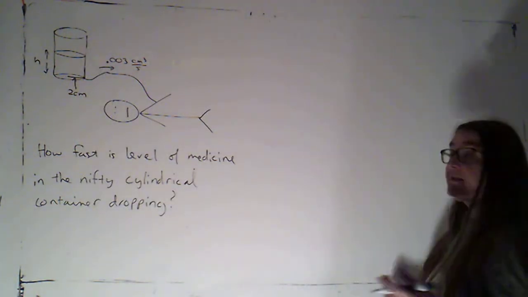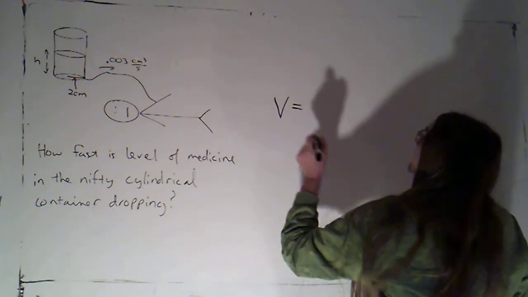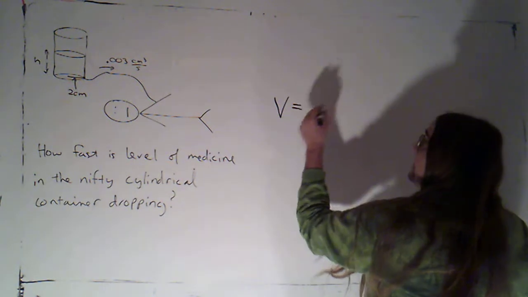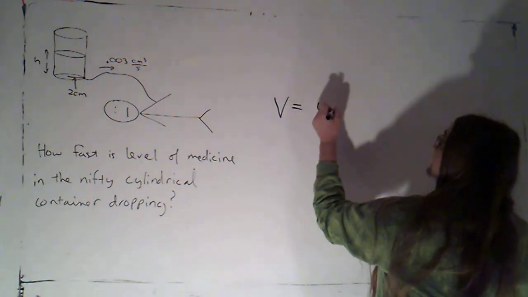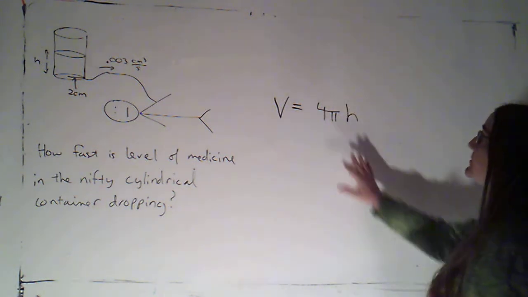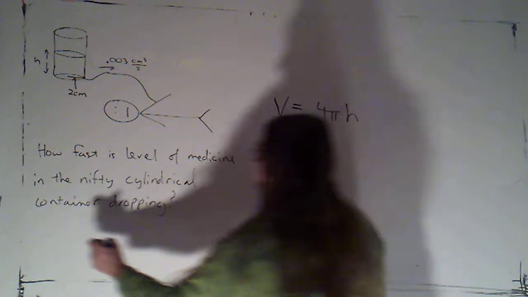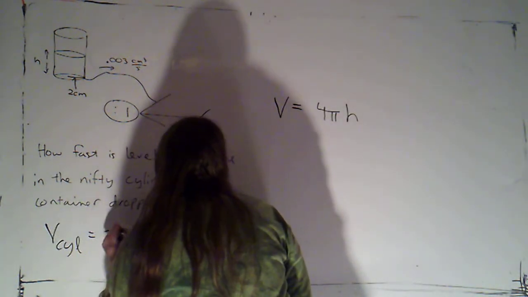And since it's always going to be a cylinder in shape, the volume is equal to pi times the radius squared, so that would just be 4 pi in this case, times the height. Okay. So the volume of a cylinder, let's just write this down, is pi times the radius squared times the height.